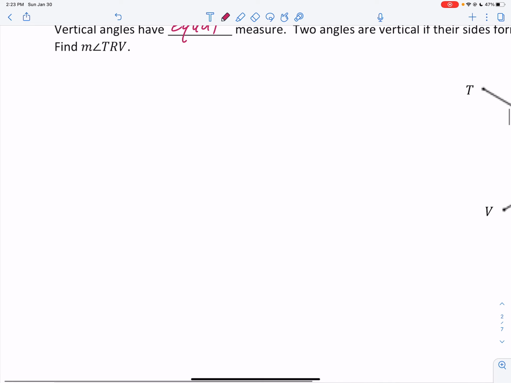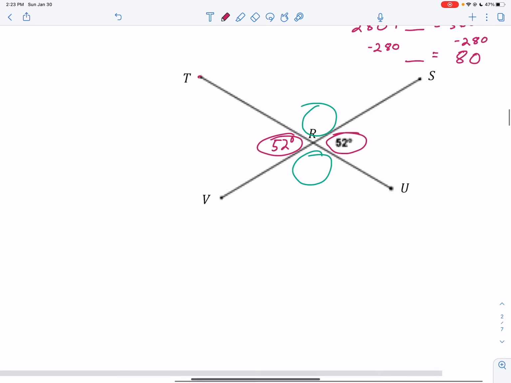And what we're trying to find, TRV, that angle right there, I've already got it. But if I did want to find the rest of them, I'd just say that if these angles right here have to sum up to be 180 degrees, then I'd really just say, all right, well, 180 minus 52 equals this right here.